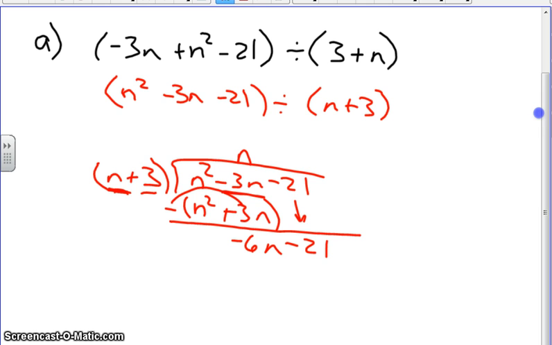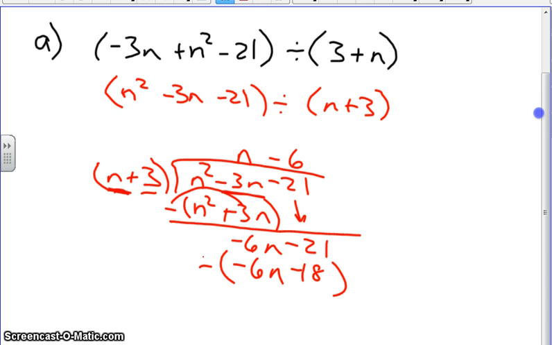And we're still using the leading term to guide us. So what am I going to multiply n by to get to negative 6n? Negative 6, right? So when we multiply negative 6 times n, we get negative 6n. But when we multiply negative 6 times 3, we get negative 18. Now remember, because they are the same, negative 6n and negative 6n, we have to subtract them, right?